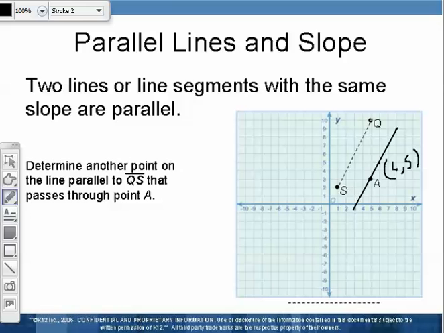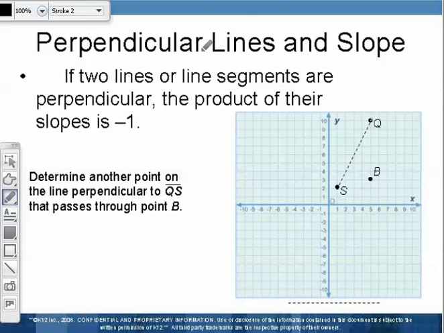Okay? Let's try that again, only with perpendicular. Perpendicular means it makes a 90-degree angle. So what we have to do is we count that same slope out, and we count it out as a rise of 8 over 4. Well, that actually reduces down, like I said, to 2 over 1, or 2.